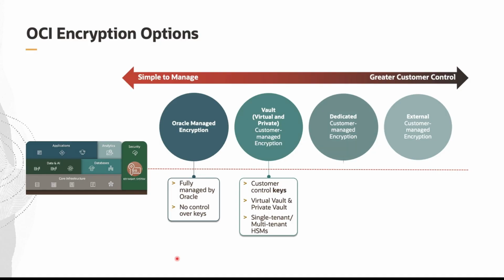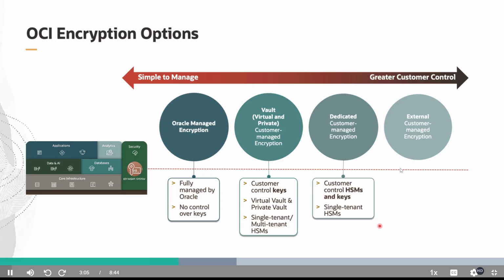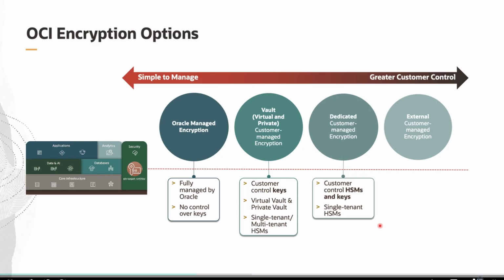Next, we have OCI Dedicated KMS, a single-tenant HSM partition service. It offers a fully isolated environment for storing and managing encryption keys. With Dedicated KMS, you have complete control over the HSM partitions, ensuring maximum security. The key difference between Private Vault and Dedicated KMS lies in the control of the hardware security module partitions.